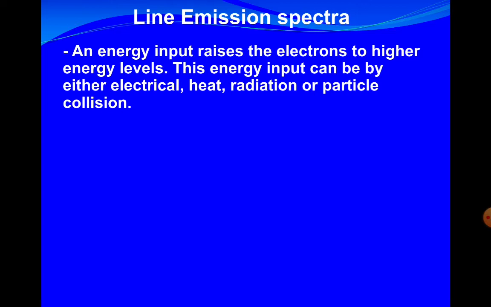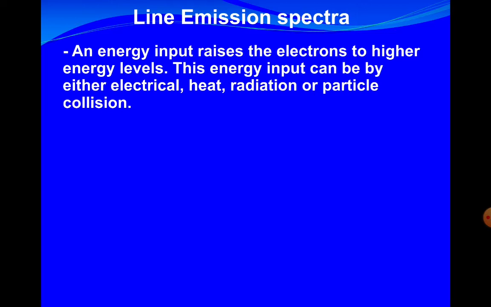So, for example, when you have a bulb, and a bulb is nothing more than a wire in a glass tube, so to say, electric current goes in, the wire is going to heat up, and it will excite the electrons, and at the same moment, the electrons that are excited go to a higher level and they will fall back.